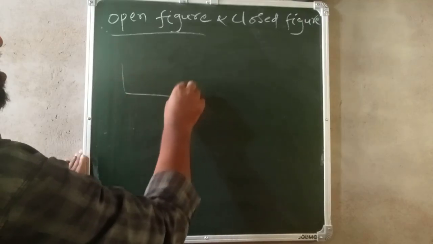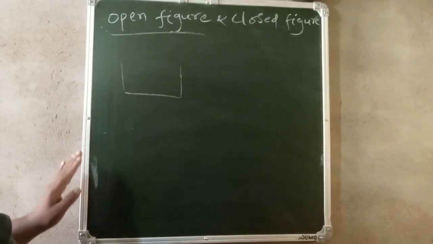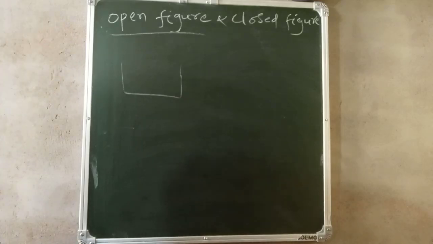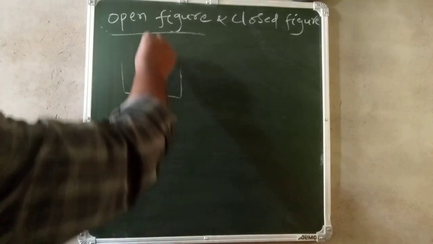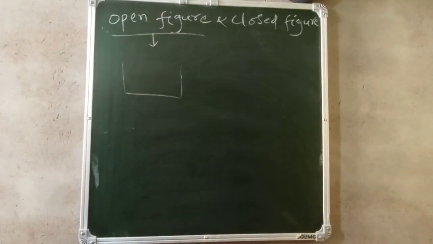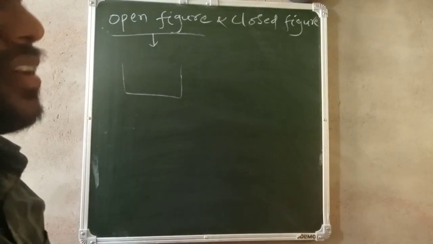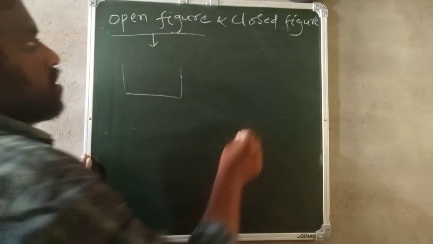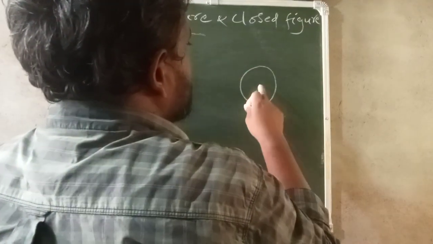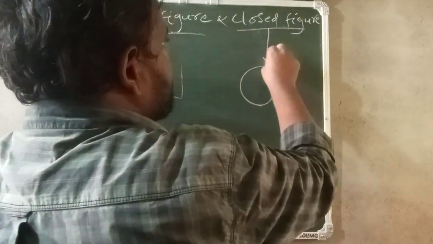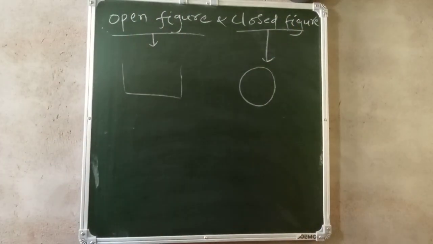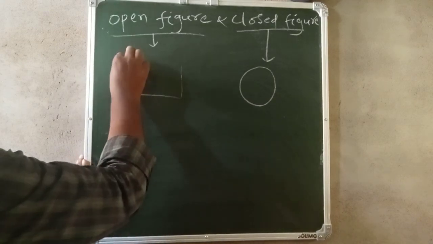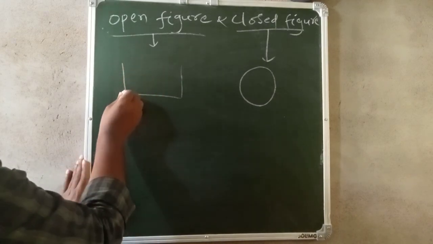Open means there will be some opening. It is not closed. Now I will draw a closed one. So this is a closed figure. See here, this side it is completely closed.